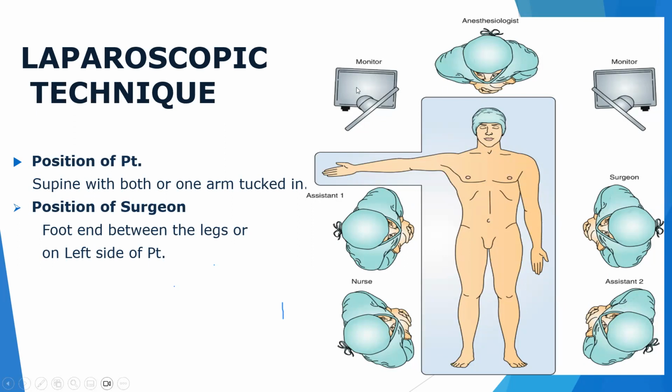So right to the anesthetist is the monitor, and that helps the surgeon standing even on the left side to observe, and for the assistant and nurse position, another monitor should be on the left side of the anesthetist on the head side to help the assistant and the scrub nurse as well.